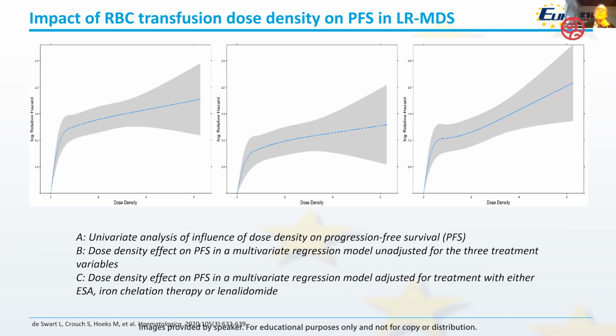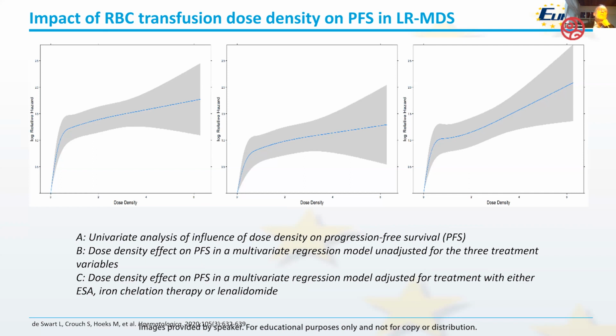When you adjust this for the interventions which are usual in low-risk MDS patients, which are ESA, iron chelation therapy, or lenalidomide, the increase of the risk of lower progression-free survival continues over the range of 4 units per month dose density.